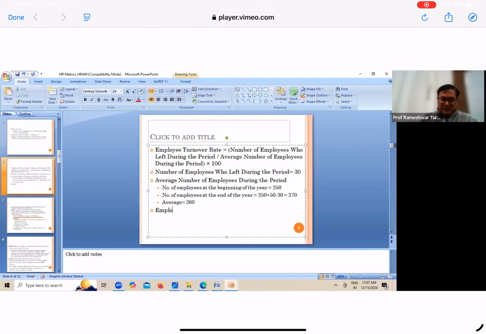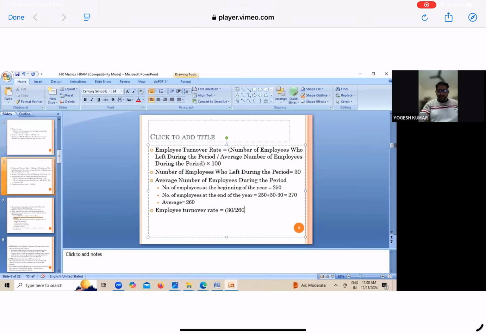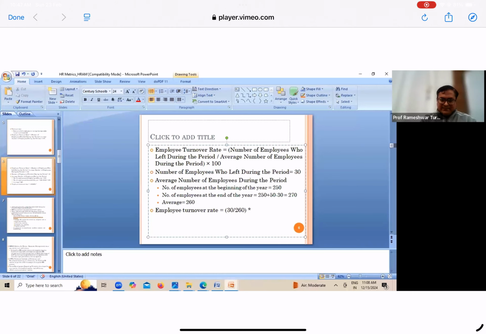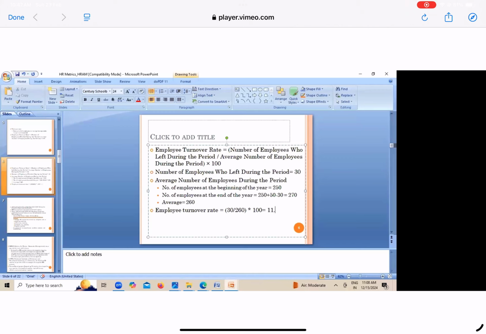So the number of people who left during this period is 30 divided by 260, multiplied by 100. How much is it coming? 11.53 percent.